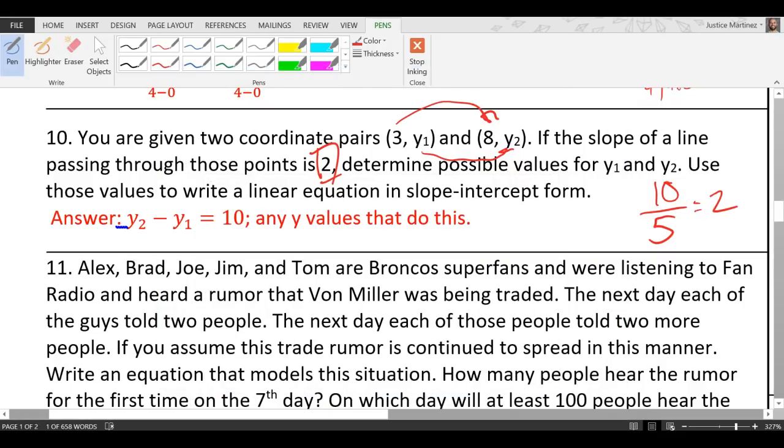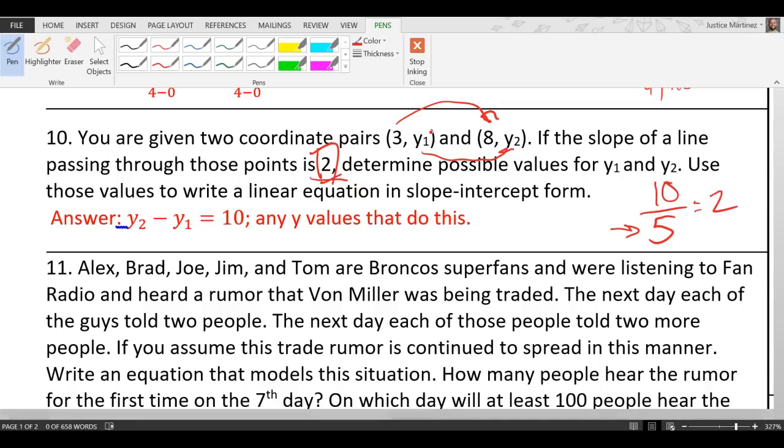So we're back. The idea here is that I need to determine what would give me a slope of 2. From 3 to 8 is a difference of 5. I know that the only thing that's going to divide by 5 and equal 2 is 10. So all I need to do is determine a y sub 1 and a y sub 2 that have a difference of positive 10.